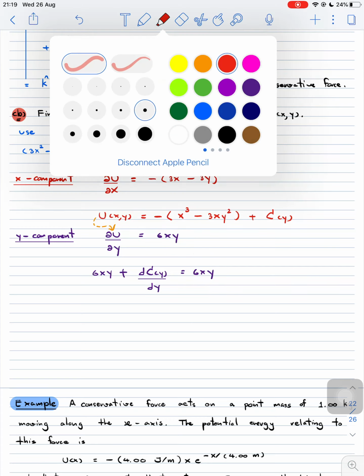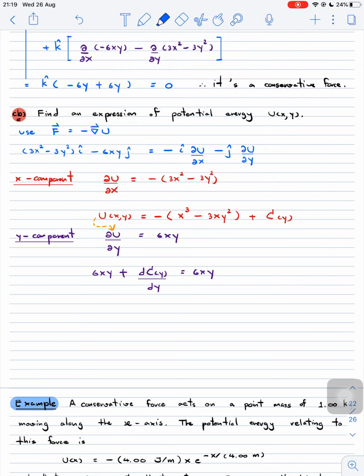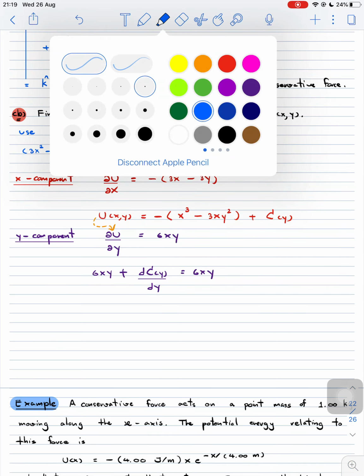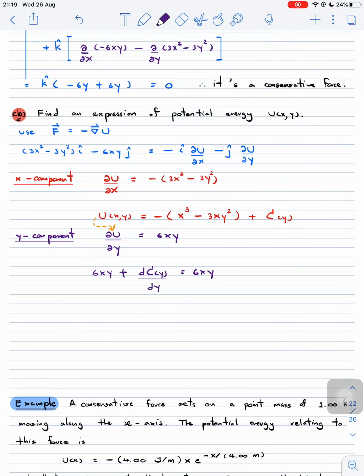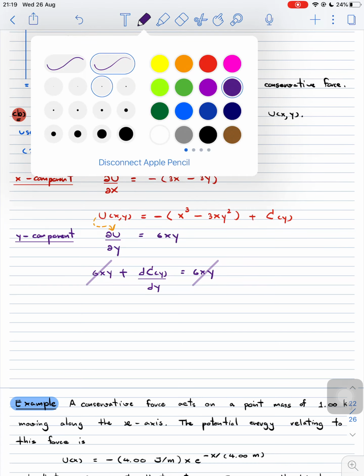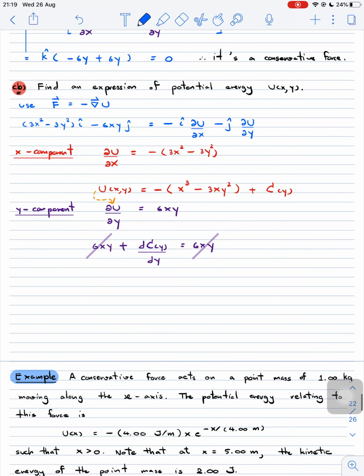So now you can see that if we compare the left and the right hand side, the 6xy is going to cancel out. Okay, so the 6xy here just cancels out, and then finally we can see that the derivative dc by dy is equal to 0, right? It's just equal to 0.